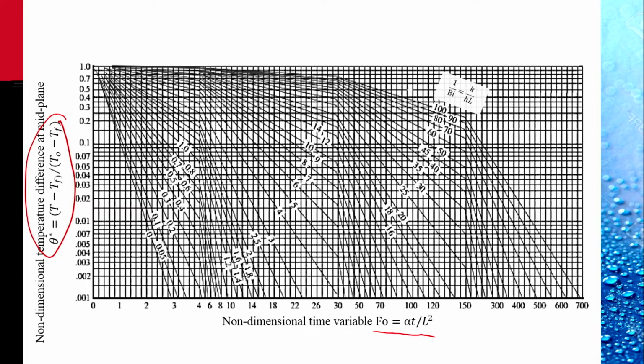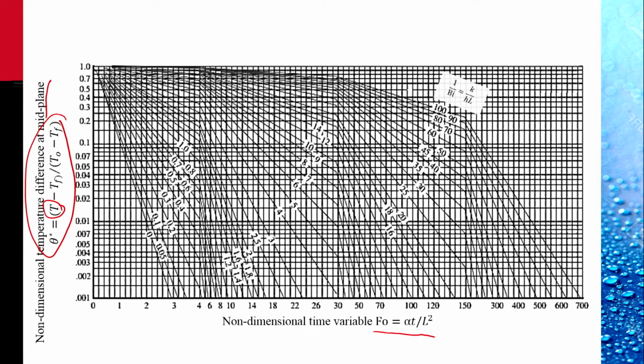And these are the curves for the different values of Biot number, or as is written here, of 1 over Biot number. This is the temperature at mid-plane, T at x star equal to 0, at mid-plane, at the center of the slab.